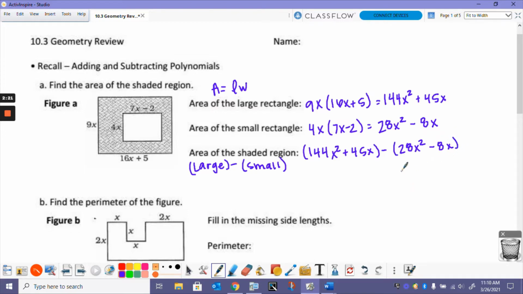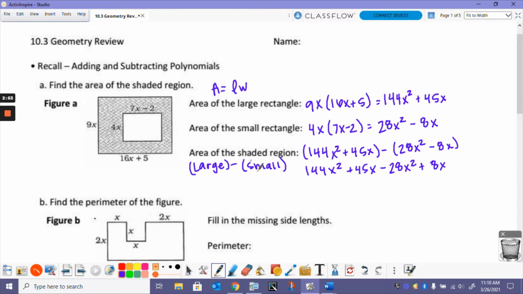Now, the reason that it's important to put these in parentheses is because this minus sign has to be distributed to everything behind it. So our first part is going to stay the same, 144x squared plus 45x. Then we're going to have minus 28x squared, but minus times that minus 8x becomes positive 8x. Okay, so that's what the parentheses are there for. Make sure you're changing the signs the way that they should.